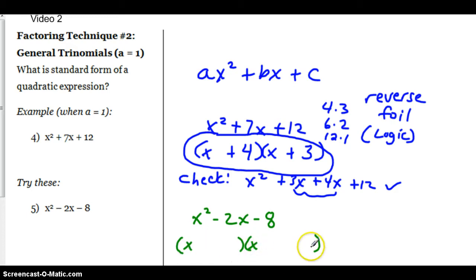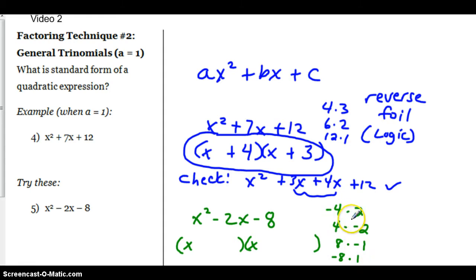Now we look at our last, and we have to think about what two factors would then add up to negative 2. So we have negative 8, so it could be negative 4 times 2, it could be 4 times negative 2, it could be 8 times negative 1, or negative 8 times 1.